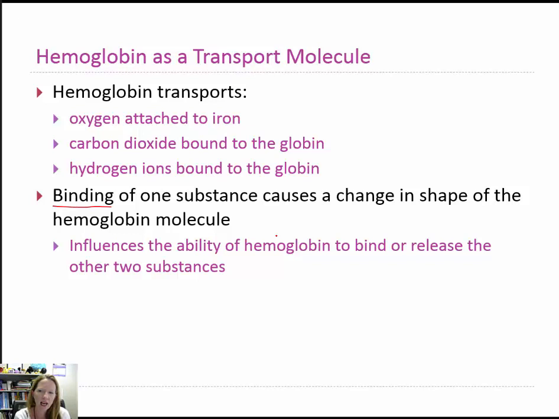And the reason why that's good is it can influence the ability of the hemoglobin to bind or release the other two substances. So sometimes, let's say, when hydrogen ions bind to part of the hemoglobin molecule, that changes the shape and allows it to bind carbon dioxide or something like that. So that's the idea that's going on there.